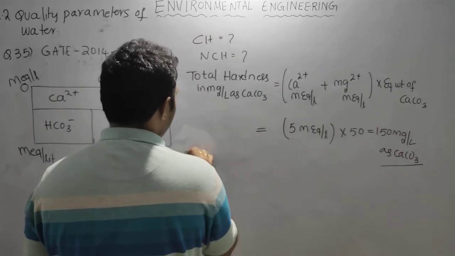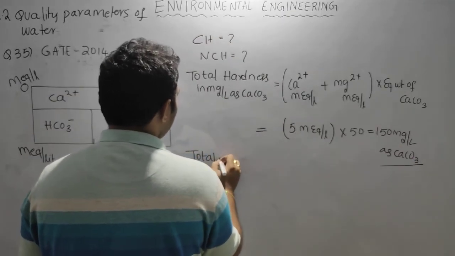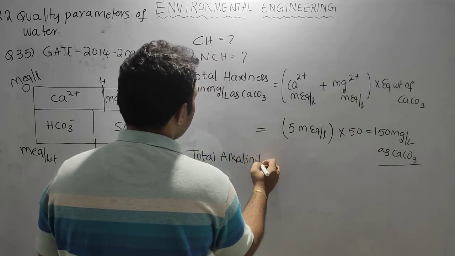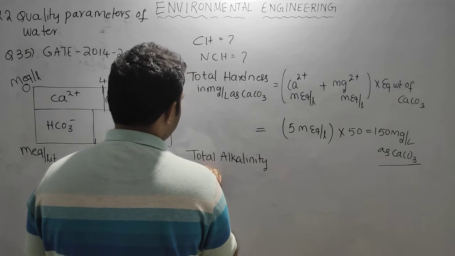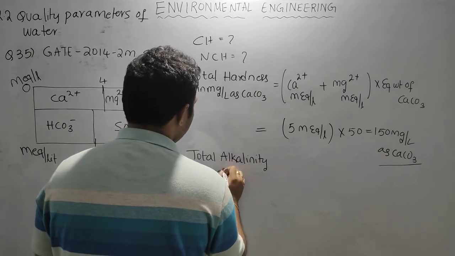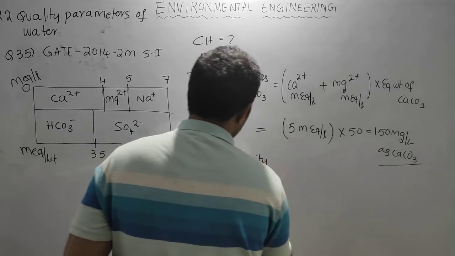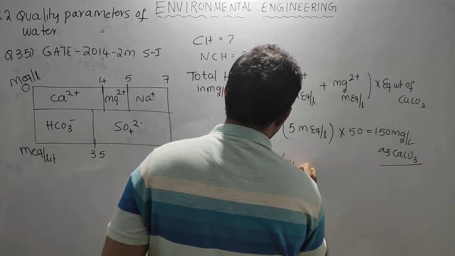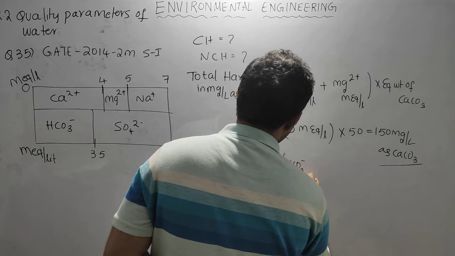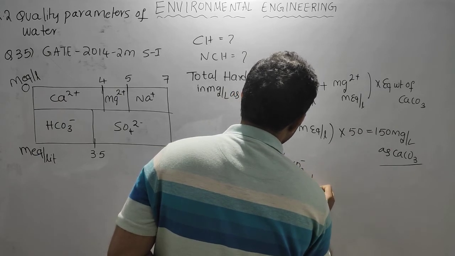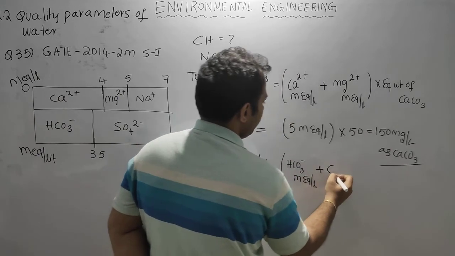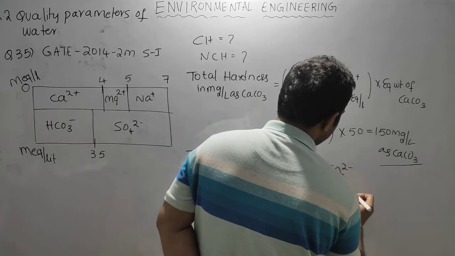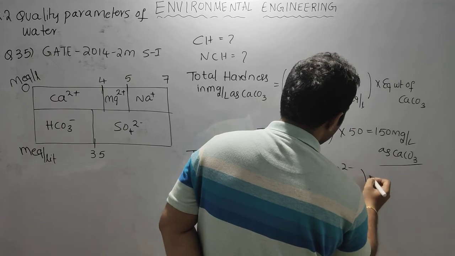Similarly, total alkalinity in mg per liter as CaCO3 is equal to HCO3- in milli equivalent per liter plus CO3 2- in milli equivalent per liter, multiplied with 50.